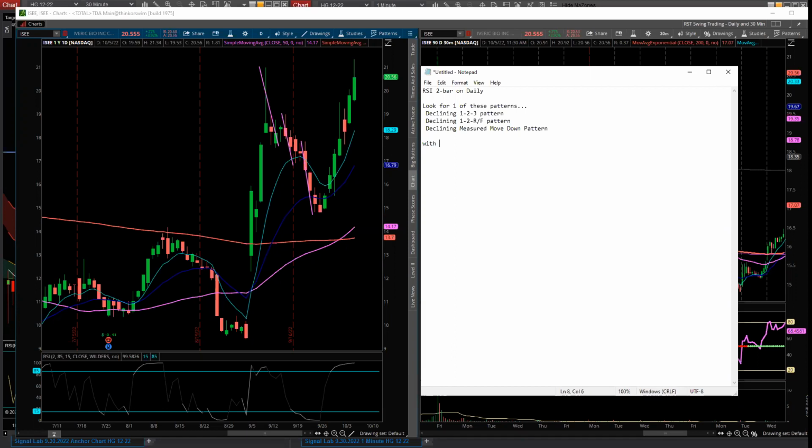With the RSI 2-bar closing or trading below 15, that's the setup. This is the trade setup.